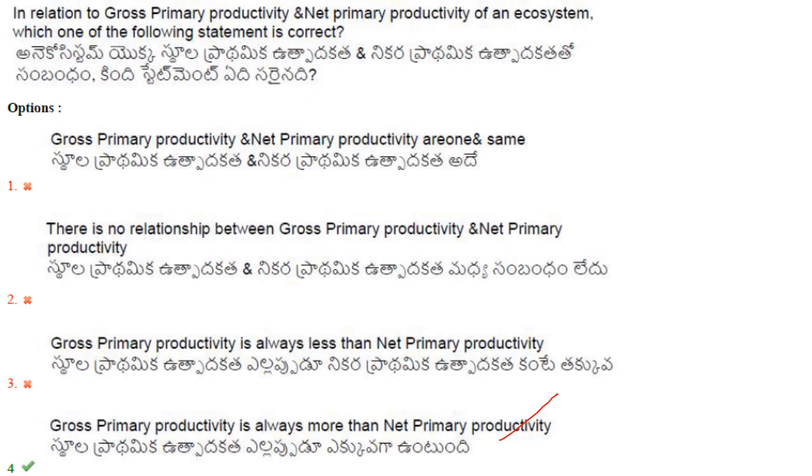Net primary productivity is the amount of biomass that can be passed on to the next trophic level. So net primary productivity is less than gross primary productivity. Then next one, gross primary productivity is always more than net primary productivity. That is correct. So the answer here is option 4.